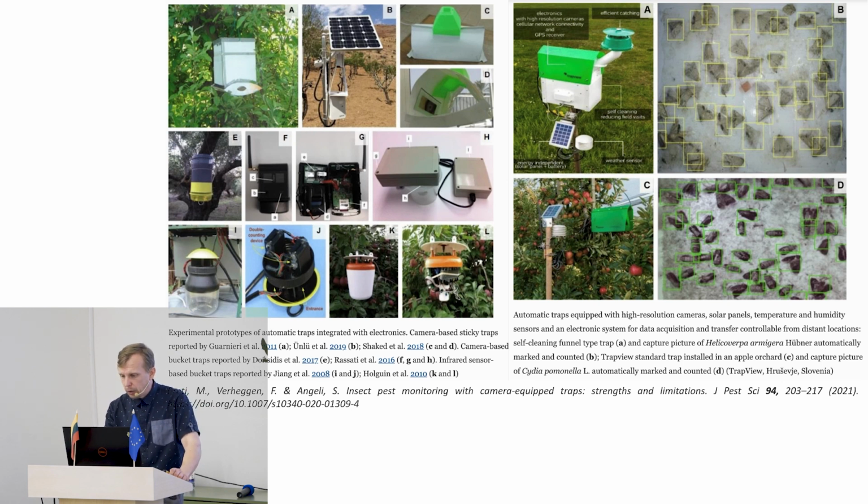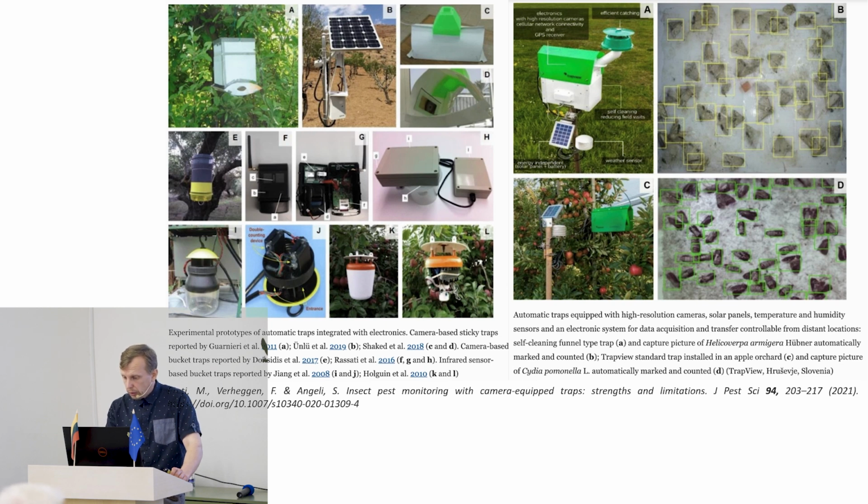Typically, an automatic trap equipped with a camera involves two modules, the hardware and the software. The hardware is typically composed of a trap structure containing the bait and retaining the trapped insects, an electronic box including the camera, a data transmission modem, a battery, and eventually an external power supply, such as a solar panel.